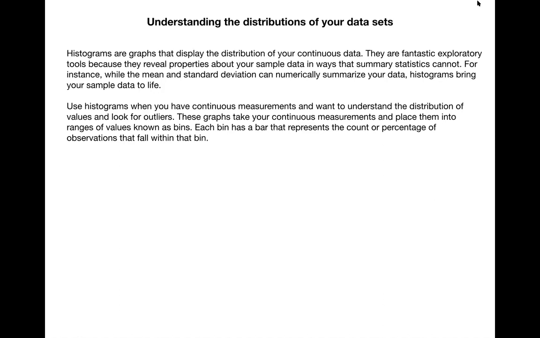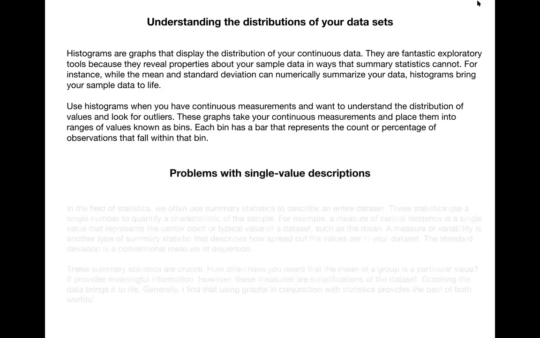But these are always numbers, right? Once you collapse a data set into numbers, you get useful information, but you also lose important ideas about what the population or the sample of the data looks like in general. So a histogram is useful here to bring the data back to life by showing you how the real data distributes in a parameter space.